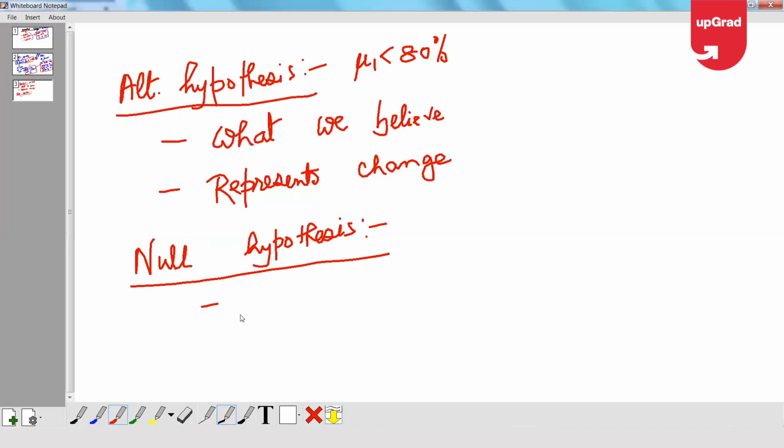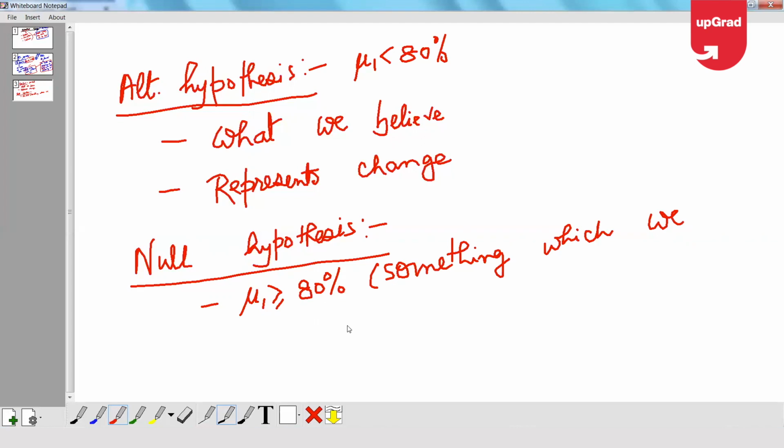So the null hypothesis in this case will be mu1 greater or equal to 80%. Just the reverse of alternate hypothesis. Something which we do not believe.